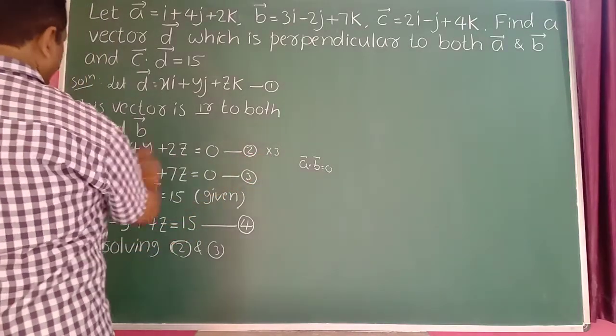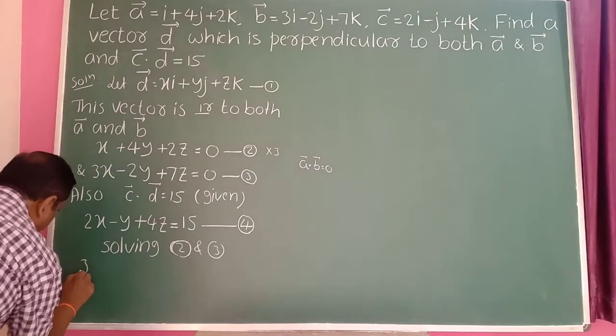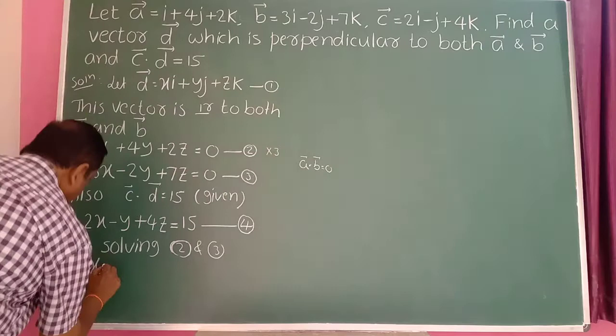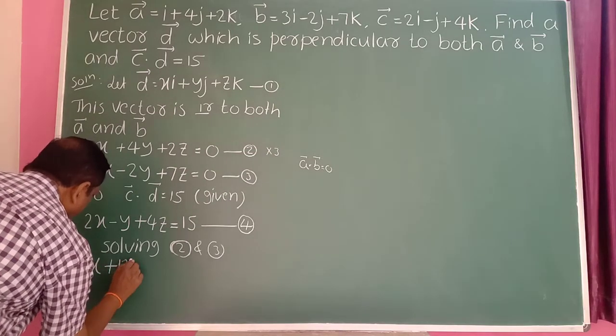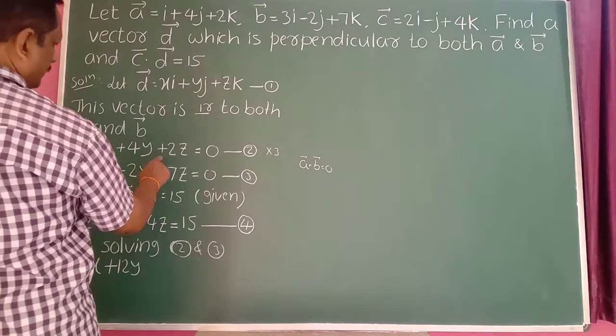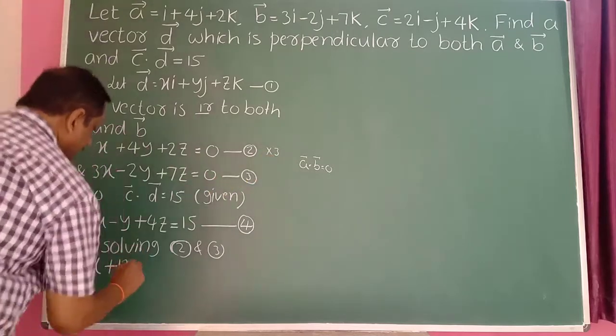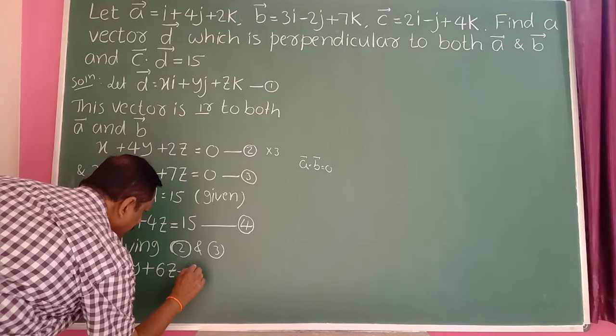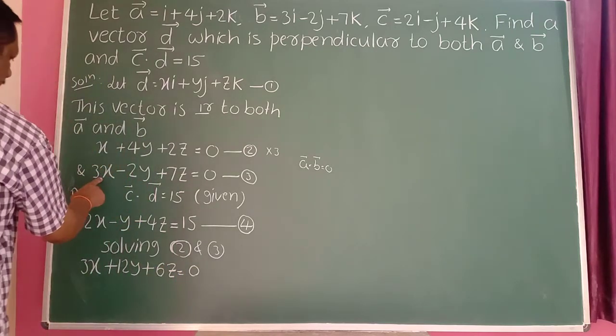So 3 into x becomes 3x, and 4 into 3, 12, plus 12y. Then 2 into 3 becomes 6, plus 6z, that is equal to 0. Then write equation 3 as it is.